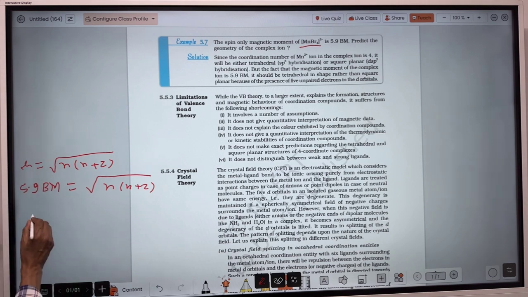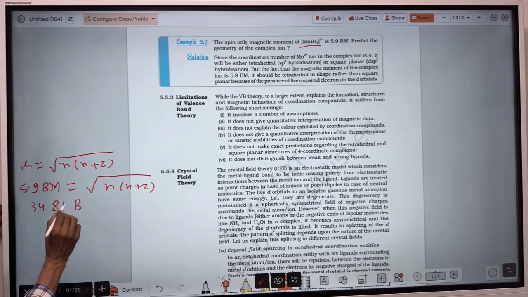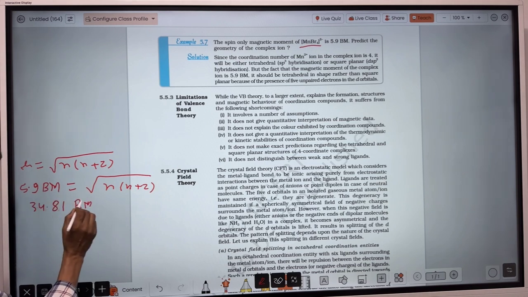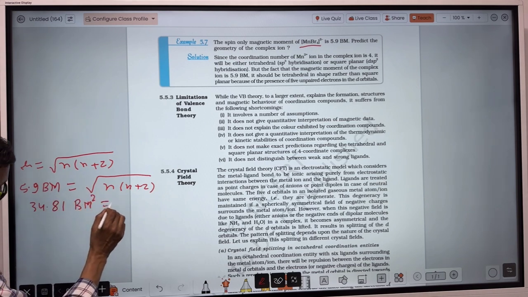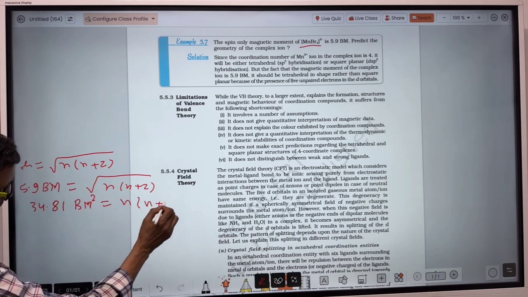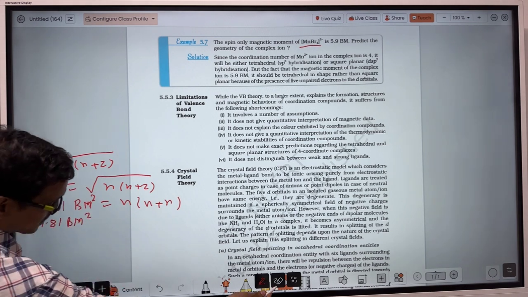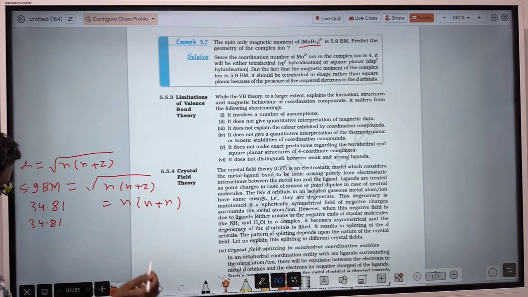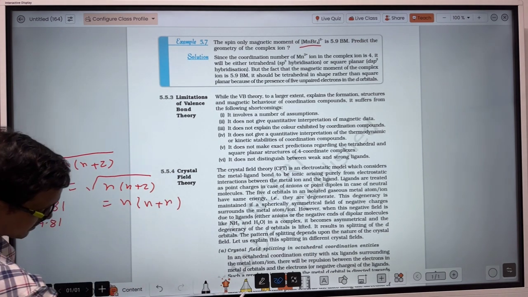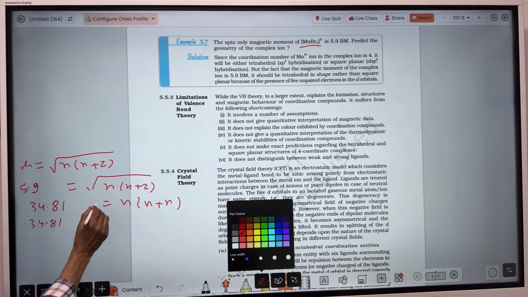So 34.81 will be equal to n into n plus 2. Ignore the unit here; it is better to ignore the unit, otherwise you get confused.